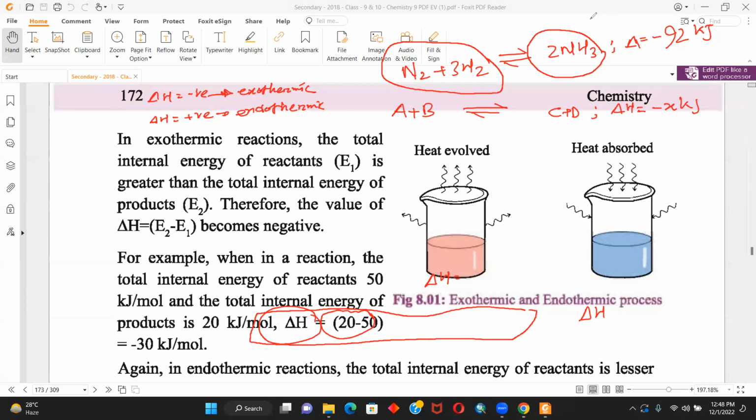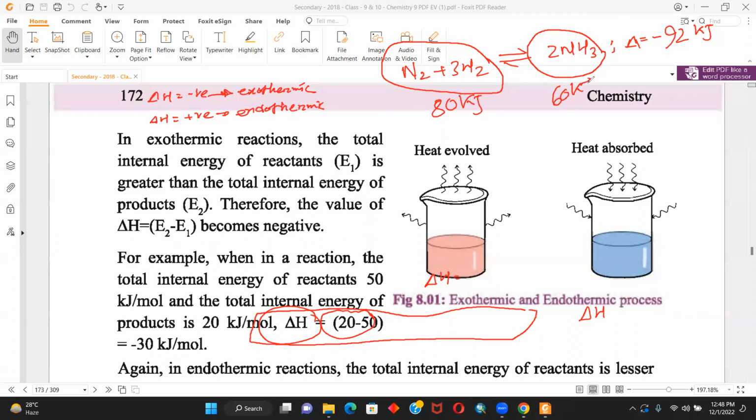Now, say for instance, the reactants have a total internal energy of 80 kilojoules, and the products have a total internal energy of, let's say, 60 kilojoules.